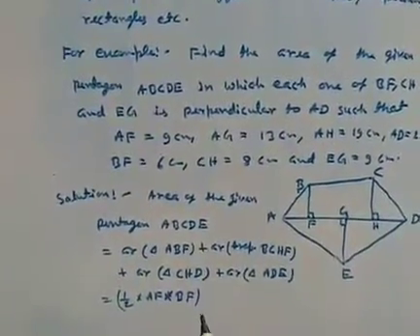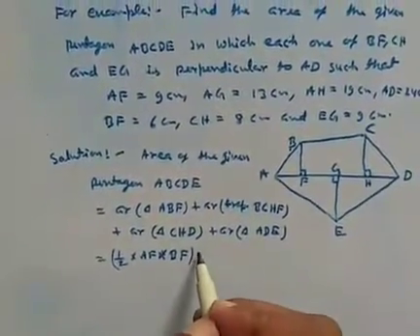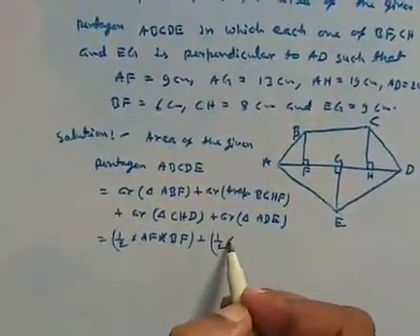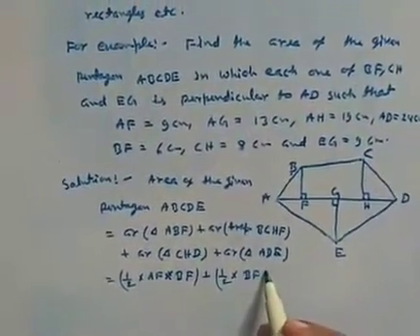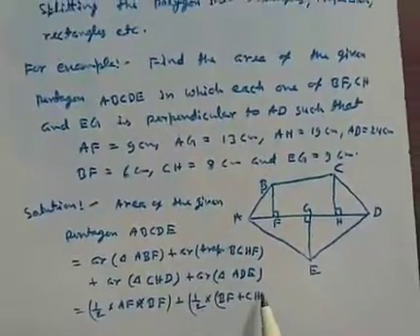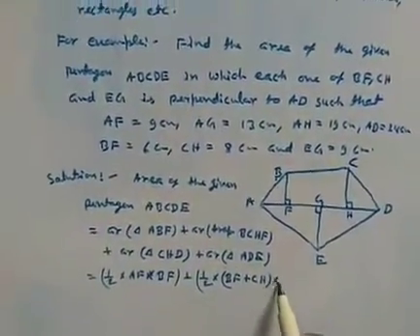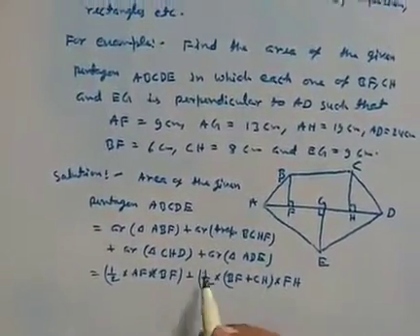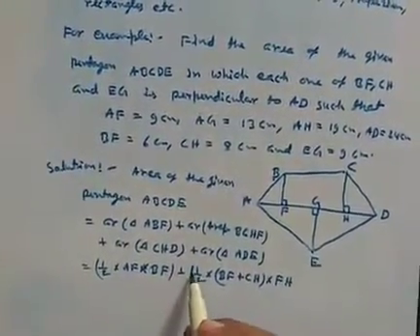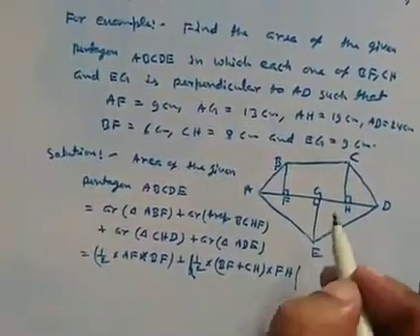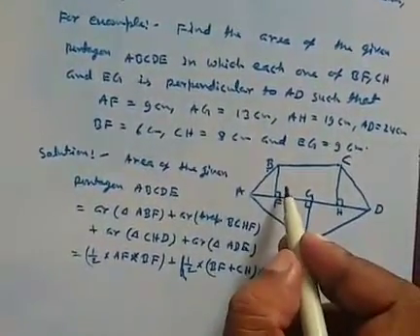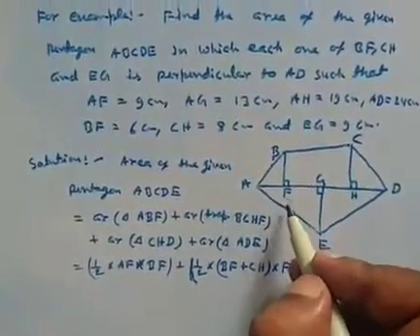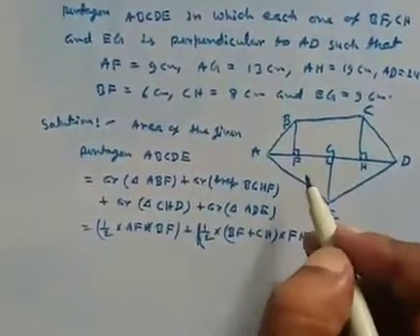This is the area of triangle ABF plus half into (BF plus CH) into FH. This is the area of trapezium BCHF.